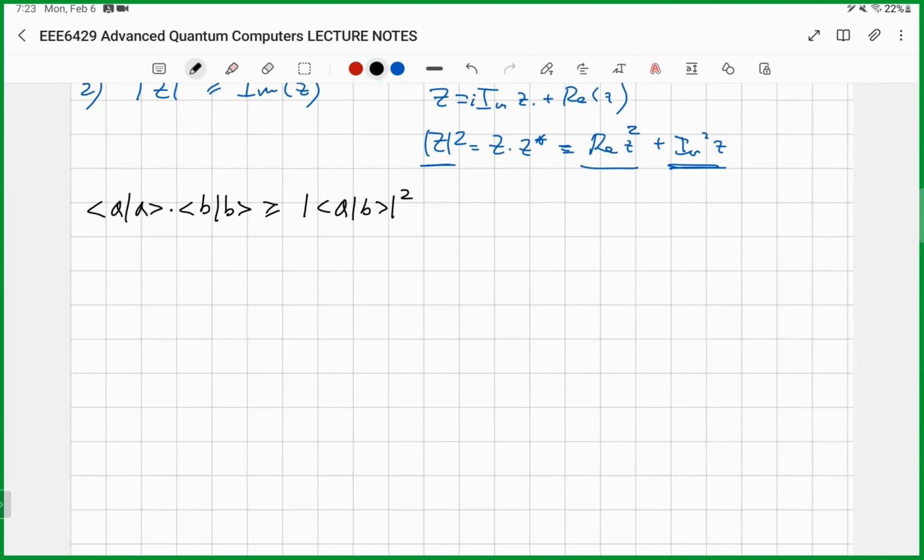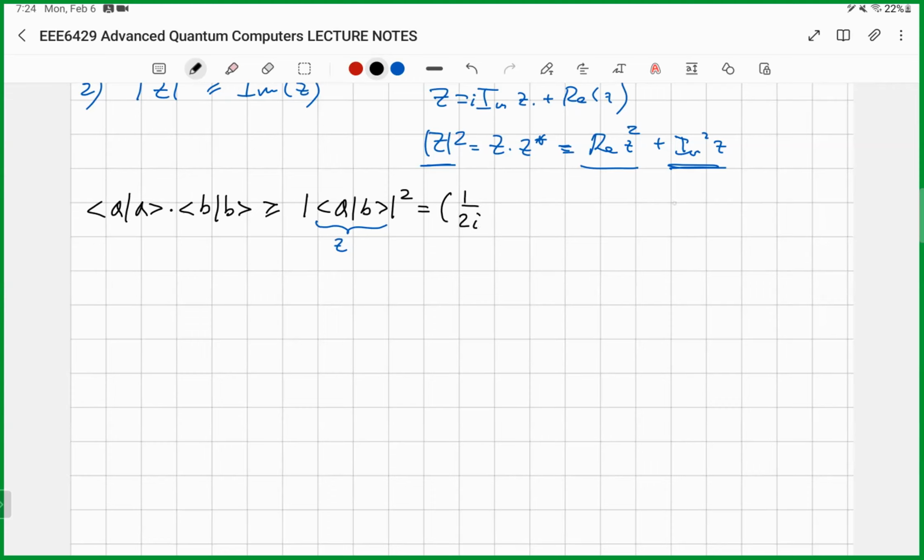At the same time, this A times B is a complex number, and I can find the imaginary part of this complex number. So the imaginary part of this complex number will be 1 over 2i.